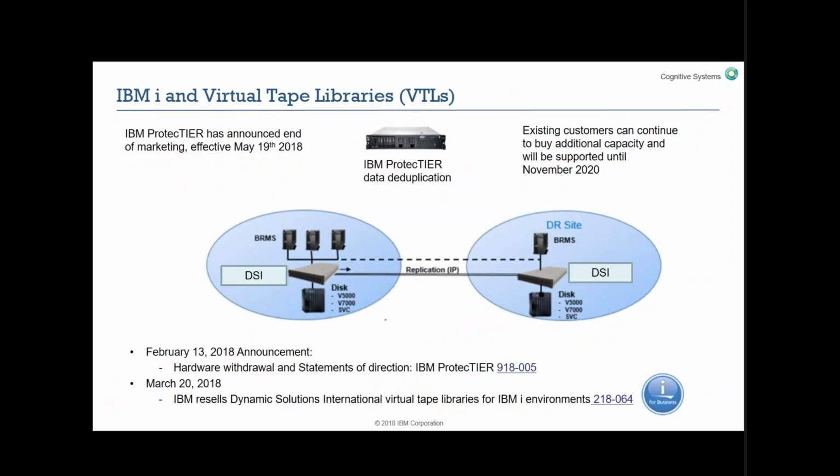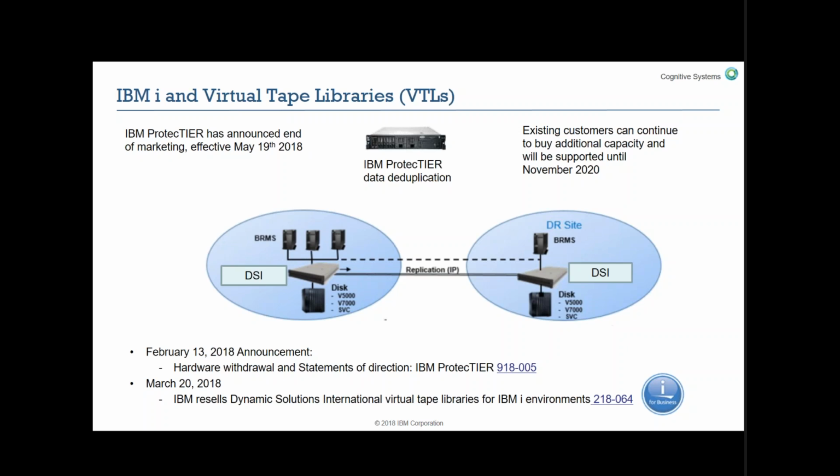Virtual tape libraries. We had a lot of customers that have invested in our ProtecTIER option for virtual tape libraries and data deduplication. Recently this year, IBM announced that they're end-of-lifing ProtecTIER. ProtecTIER had probably 20 to 30% of its install base as IBM i customers, so it was pretty popular, and we've had requests from customers asking, what does this mean to me? The nice thing is they're still supporting the customers and giving them options to grow and be supported.